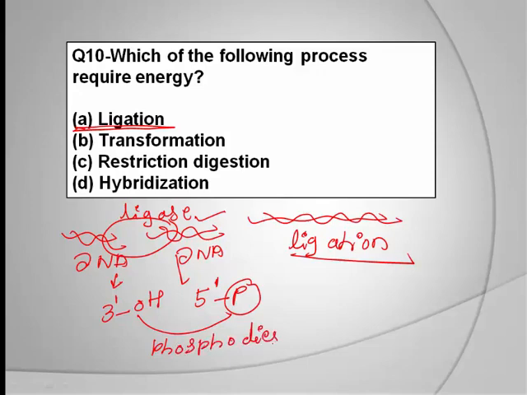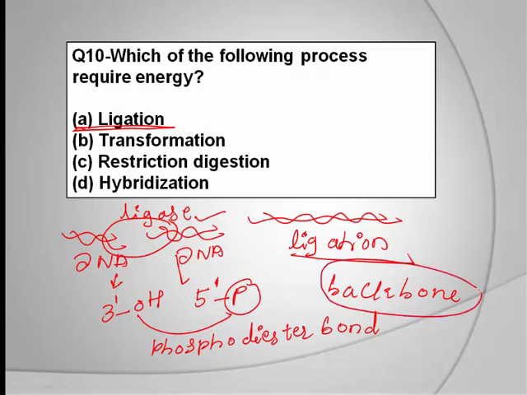The phosphodiester bond is formed between these two DNA fragments. Actually, there is a joining of backbone. The backbone of two DNA fragments are joined with each other. Therefore, it requires energy.